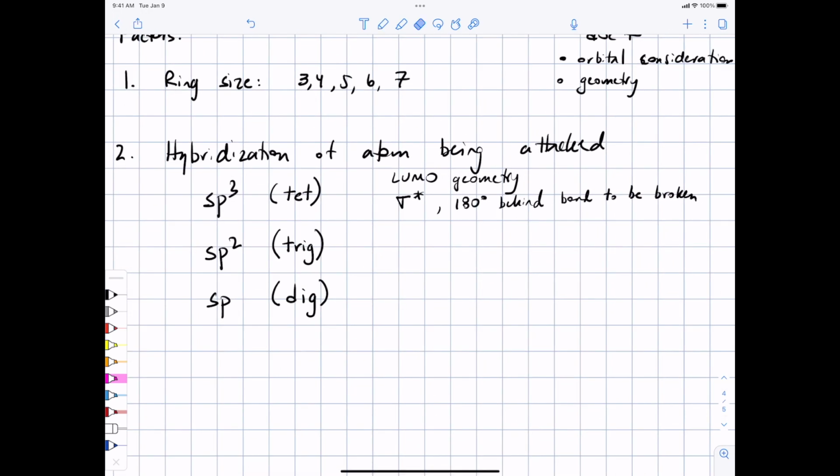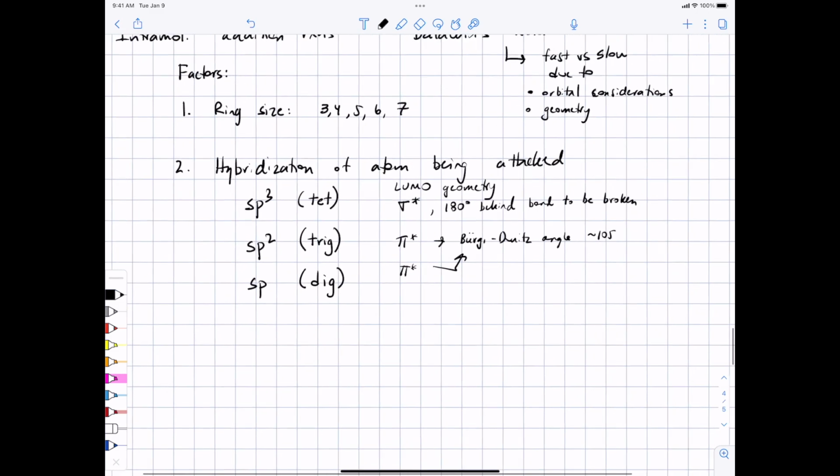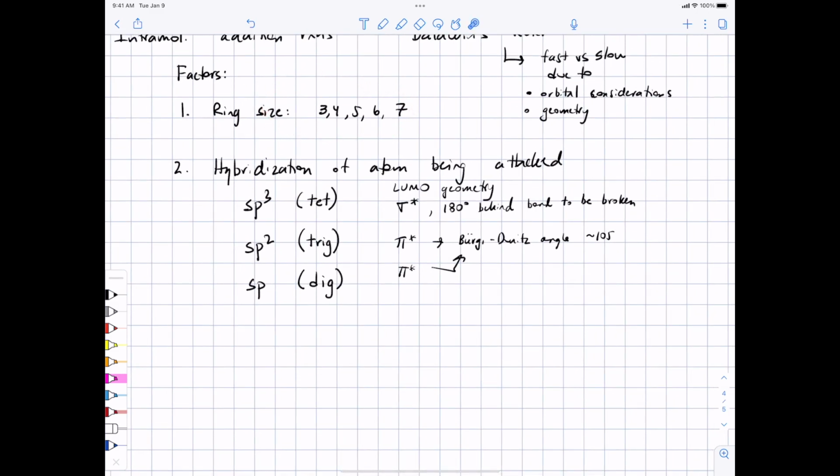If it's sp2 or sp hybridized, likely the LUMO is a pi star, and you're going to want to approach that from the Bürgi-Dunitz angle, which is around 105. So depending on the ring size and the placement of the LUMO, your nucleophile in your intramolecular reaction has to be able to get to the electrophile.